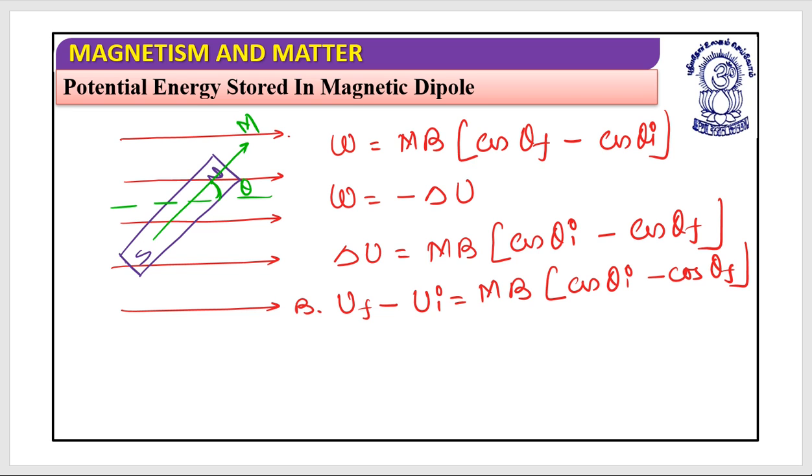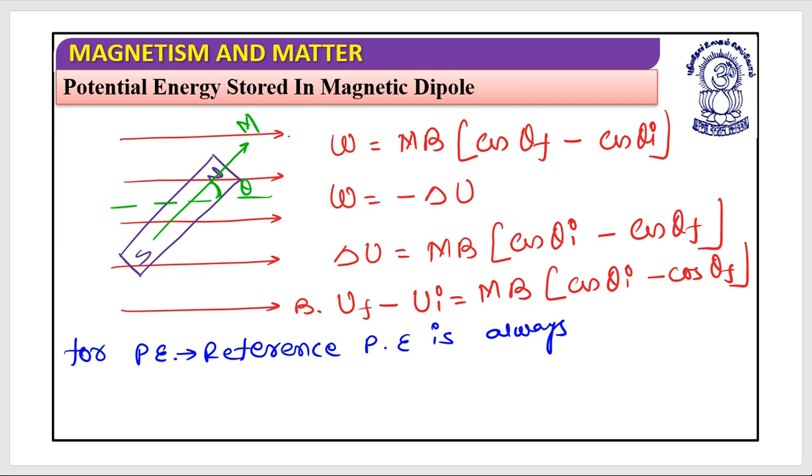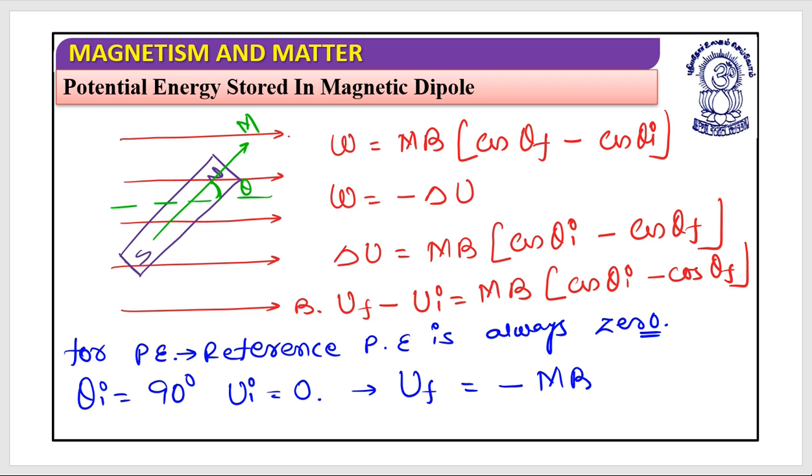So for potential energy, we take a reference. For a potential energy reference, PE is always 0. So to get reference potential energy as 0, theta initial would be equal to 90 degree, and if theta initial is 90 degree, U initial would be 0. That means final potential energy would be equal to minus mB cos theta. So we have two relations.